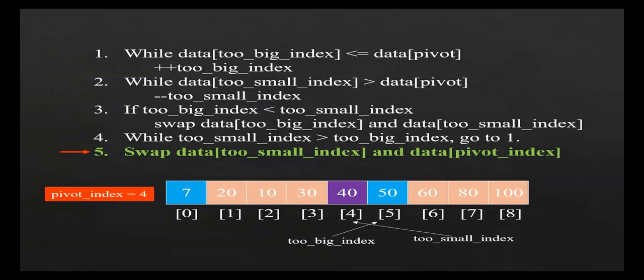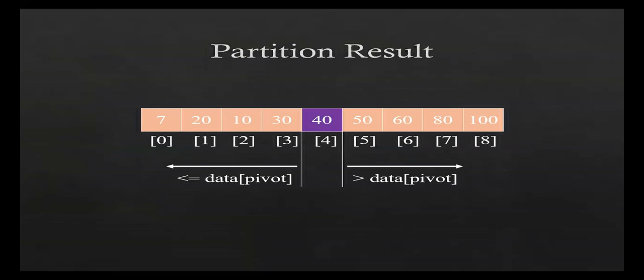That means in that case, the pivot index is 4, right? And we'll check whether the elements on the left side of the pivot value are smaller than or equal to 40, and the elements on the right side of the pivot value are greater than 40. Let's see. After making the partition, we see that we have successfully partitioned into two sub-arrays.